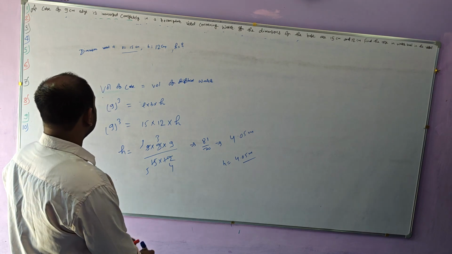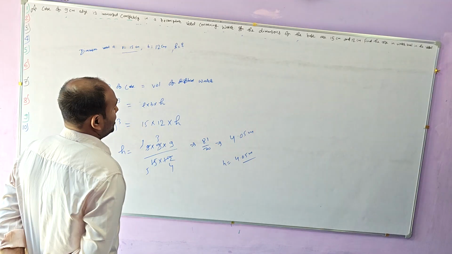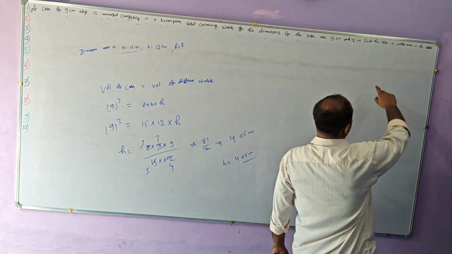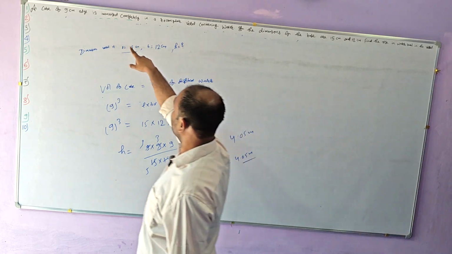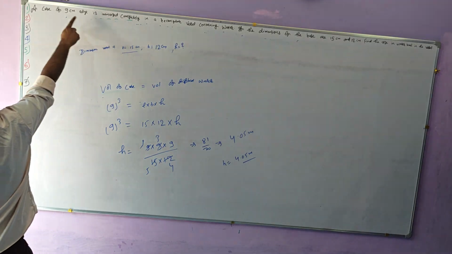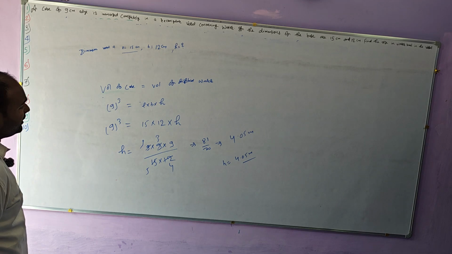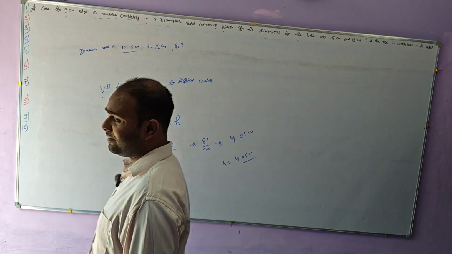So we get the volume of cube equal to the volume of displaced water, and the rise in water level in the vessel after immersion of a cube of 9 centimeter edge. So we got a height of 4.05.